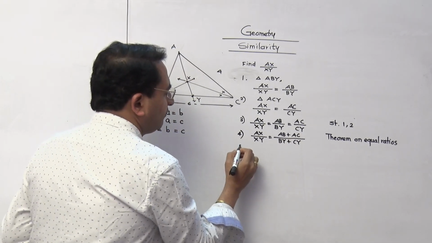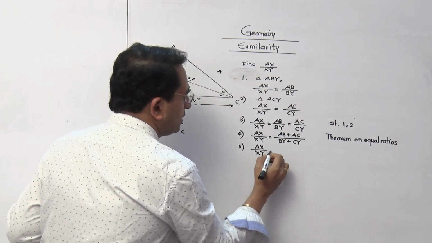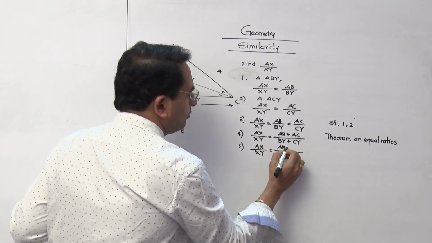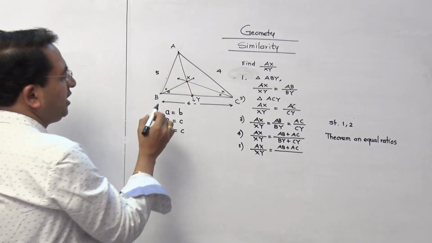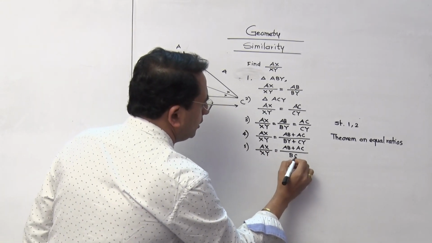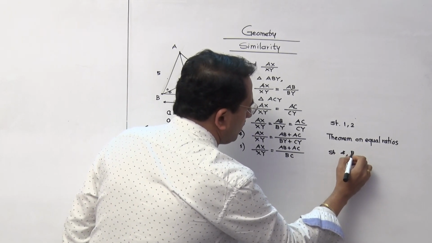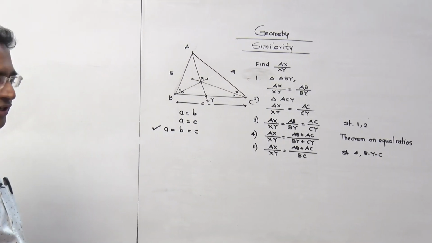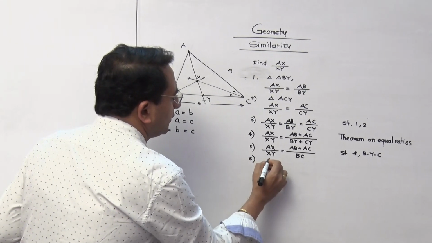Now what you have to write? The fifth one: AX upon XY is equal to, what can we write here? AB plus AC upon, see the figure now, BY plus CY is nothing but BC. So the reason here we have to write is statement number 4 and B-Y-C. And now it is the last statement where we have to substitute the values.